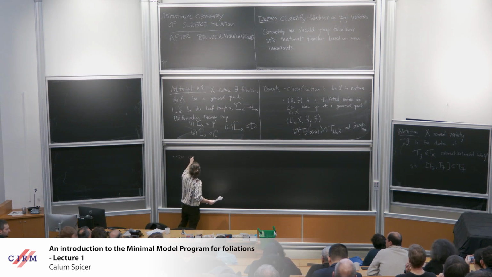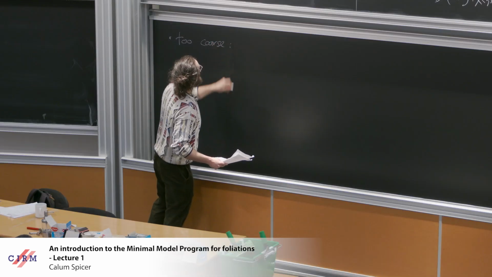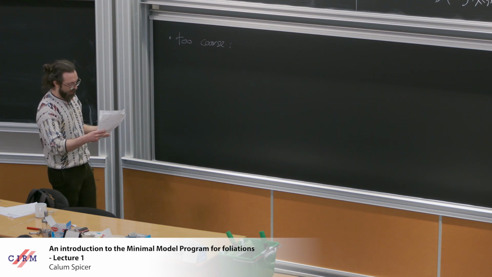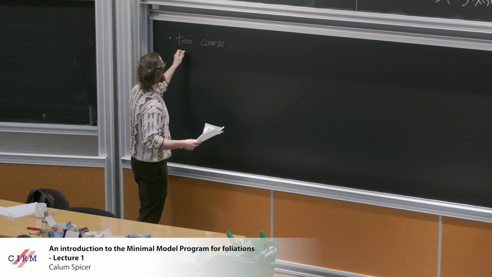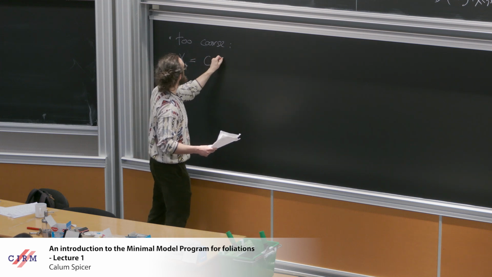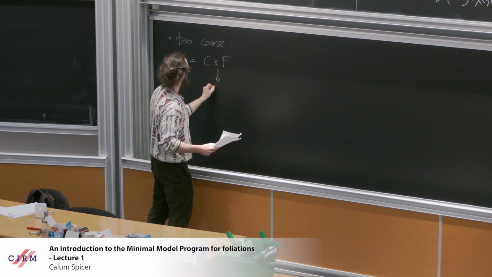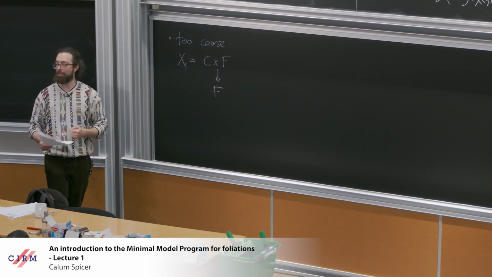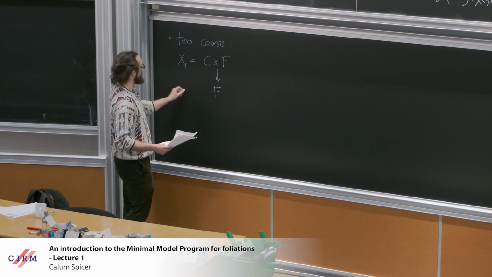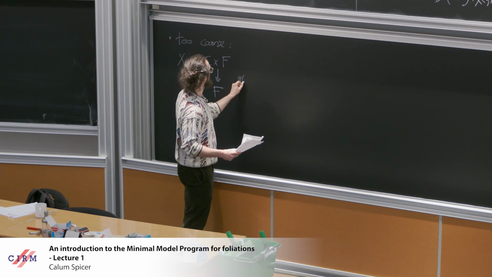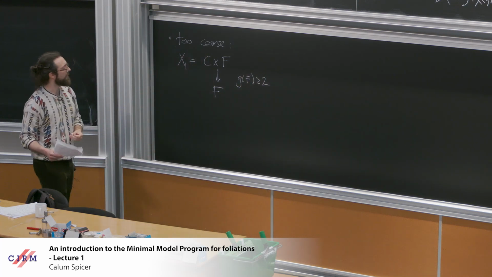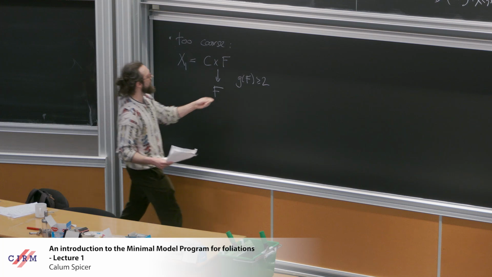So let's consider two examples of foliations. Let X1 be the foliation given by an isotrivial fibration, so C cross F down to F, where I'm going to assume that the genus of C is at least 2.